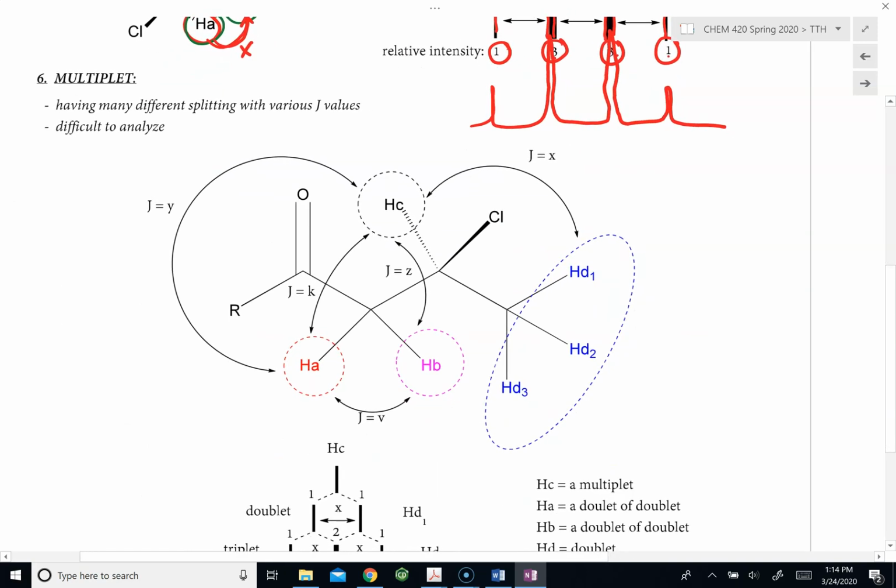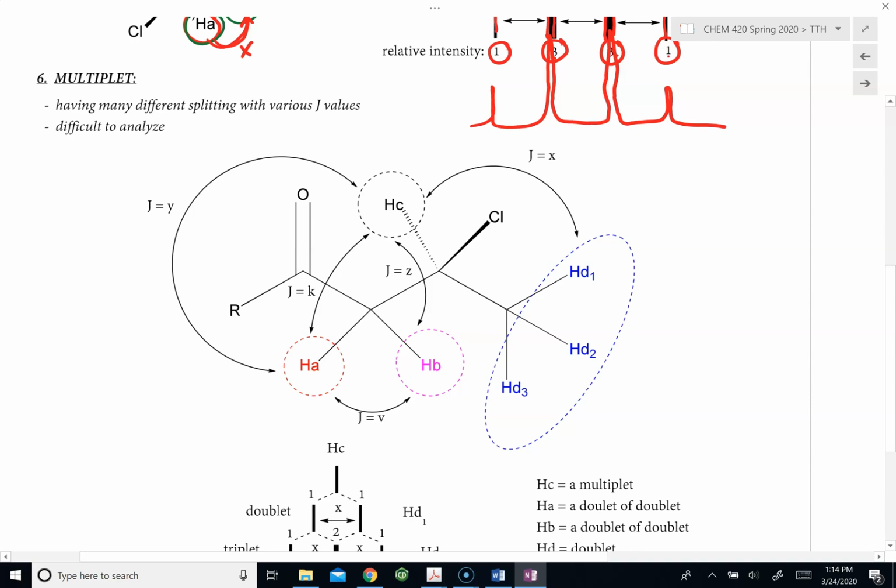And lastly, a multiplet. A multiplet is basically the signal from a hydrogen that has many different neighboring hydrogens connected to it. Because there are a lot of different couplings with a lot of different J values, the signal becomes fairly complicated and very difficult to analyze.